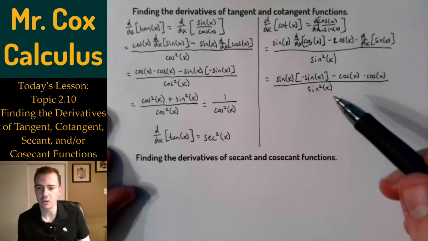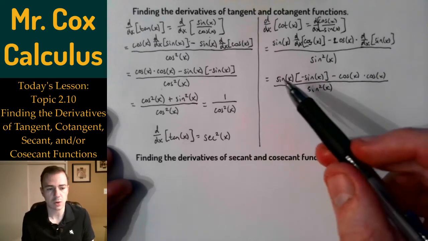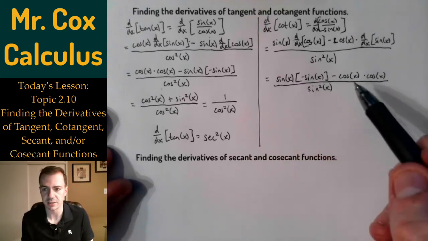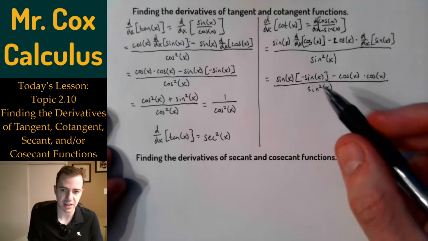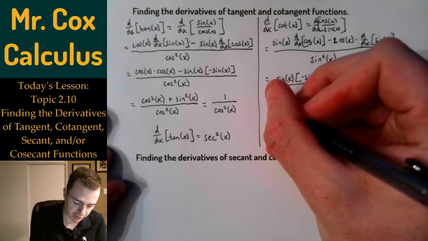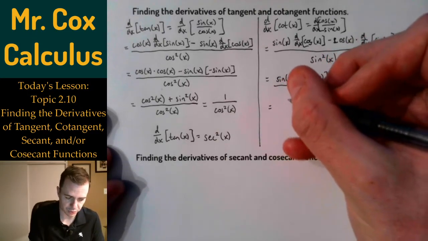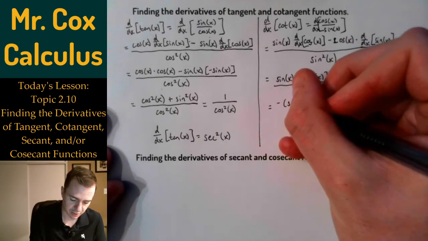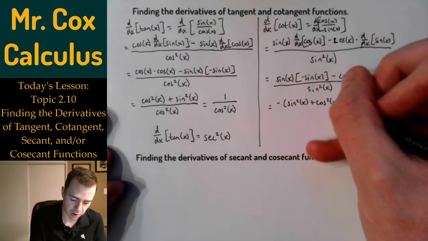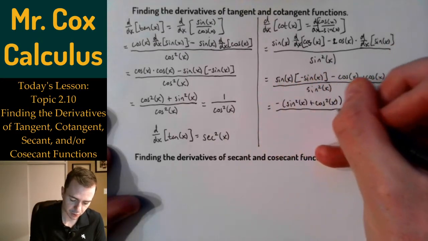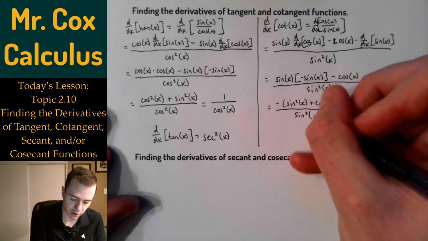Now then, if I take a look at the numerator here, this is going to be negative sine squared of x, and this is going to be negative cosine squared of x. So in order to get it to match that identity, I'm going to go ahead and factor out the negatives and say that that is equal to negative, sine squared of x plus cosine squared of x, all over the sine squared of x.